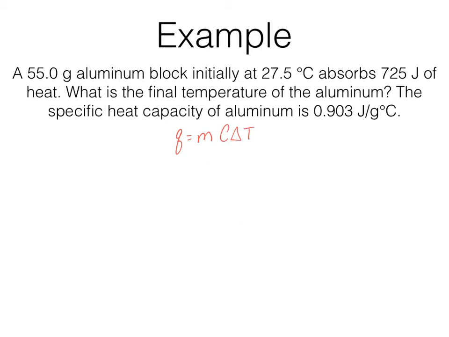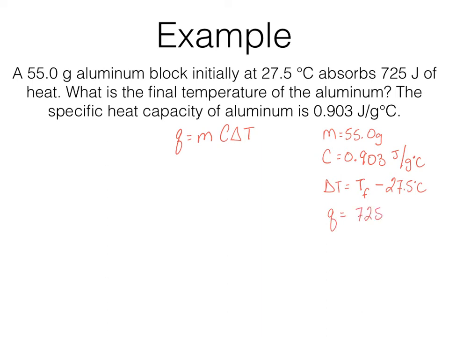And I'm going to put in what we know. From the problem, we know that the mass is equal to 55.0 grams. The specific heat is 0.903 joules per gram degree Celsius. The delta T, we are looking for the final temperature, but it starts at 27.5 degrees C. And the Q is going to be the 725 joules.